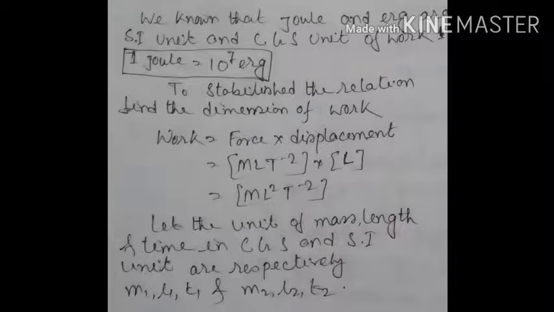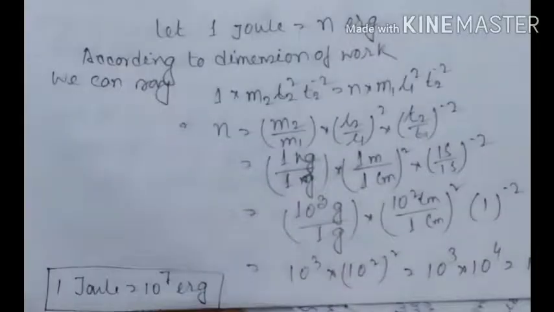Let the units of mass, length and time in the CGS system be M1, L1, T1, and in the SI system M2, L2, T2. Let us consider 1 joule is equal to n erg.